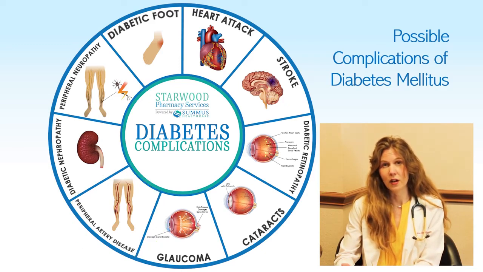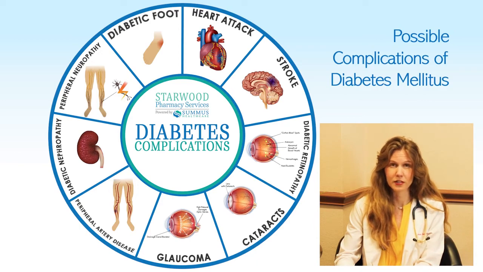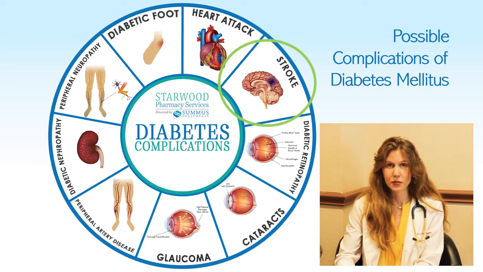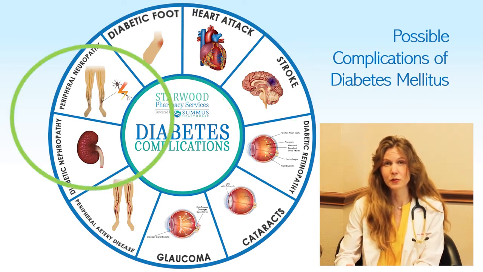You can also have loss of kidney function, and this can eventually progress to the need for dialysis. Of course, everyone knows you can also develop cardiovascular side effects, such as heart attacks and strokes, and also loss of limb if you lose feeling from diabetic peripheral neuropathy.